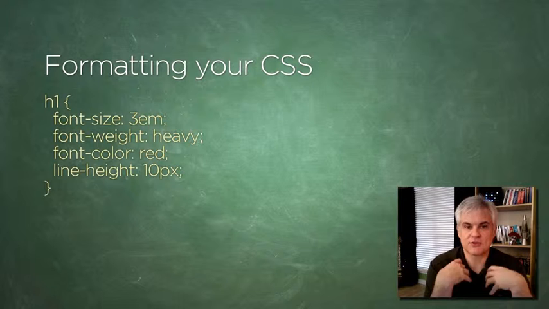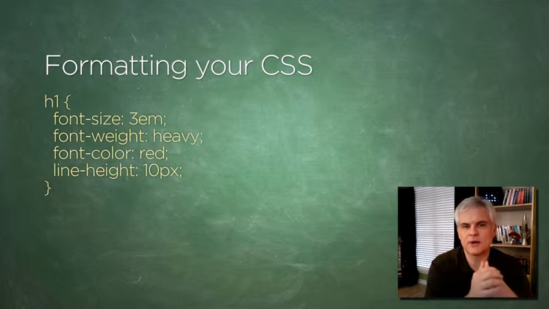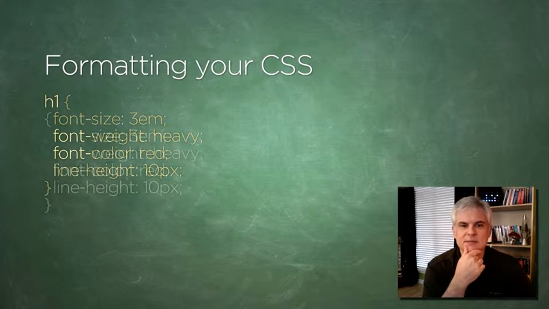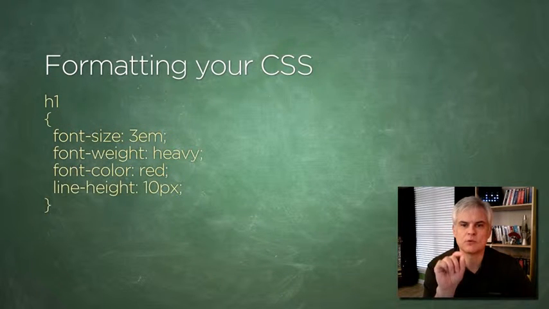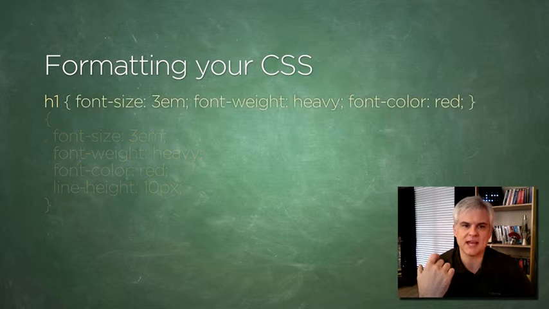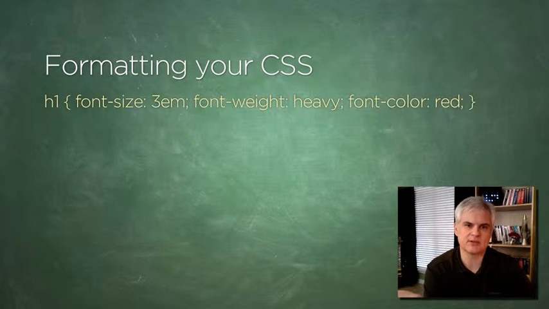First, there's what I would describe as the clearest way to write your CSS, where you separate everything out kind of on its own line. Some people even prefer to add one more space between the style selector, in this case H1, and that opening curly brace.